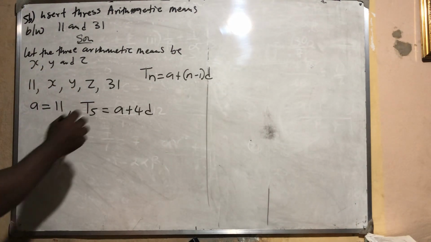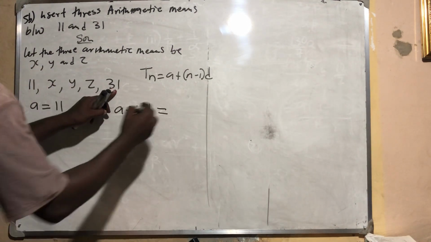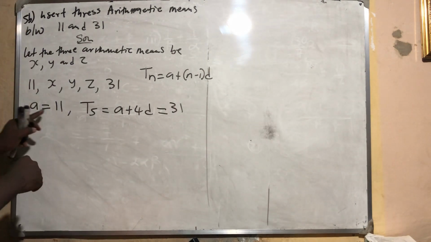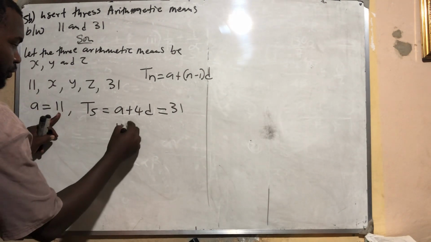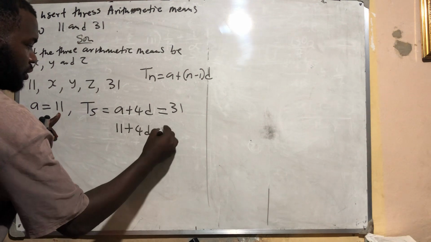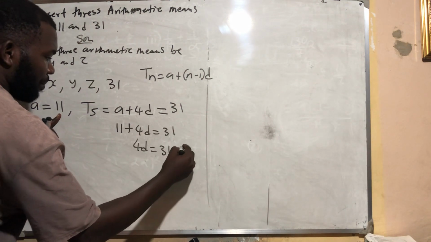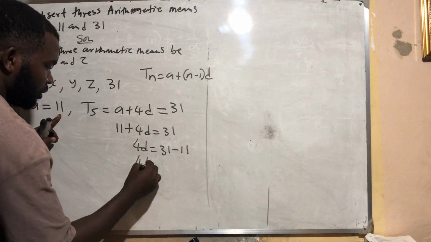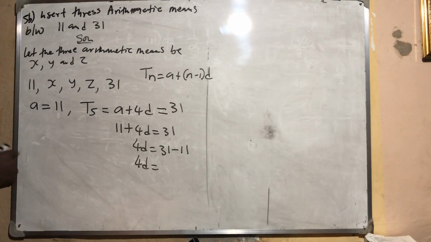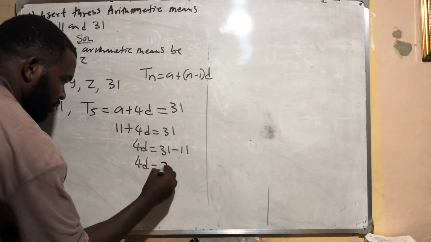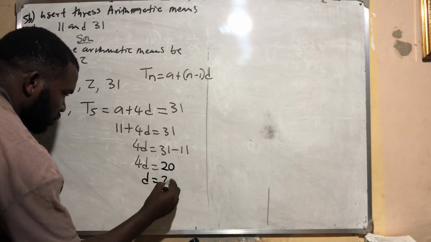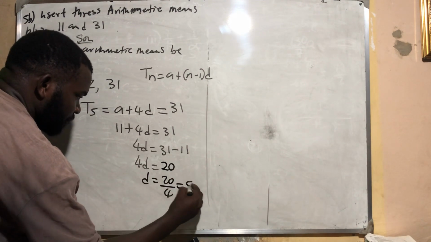You understand? And they say that this fifth term is equal to 31. So if my a is 11, then 11 plus 4d is equal to 31. So 4d will now be 31 minus 11. So 4d is equal to 20, right? So my d will now be 20 divided by 4, which is 5.